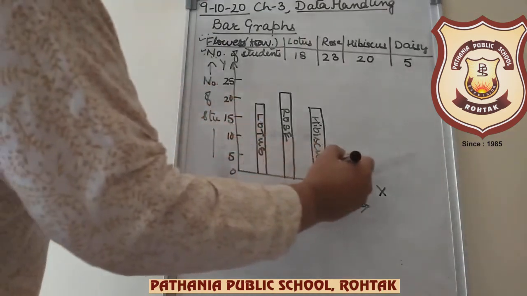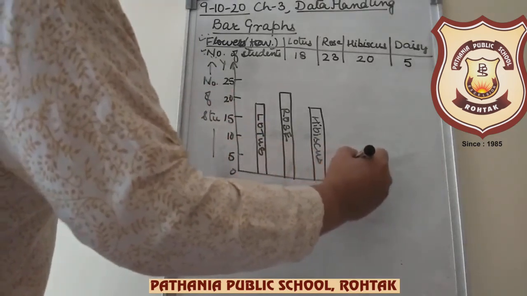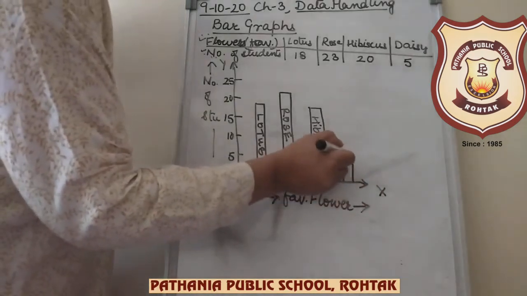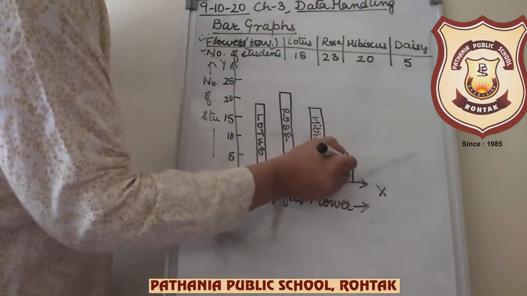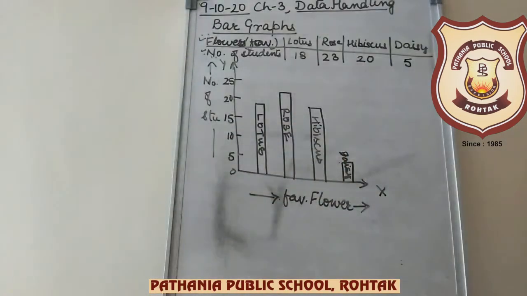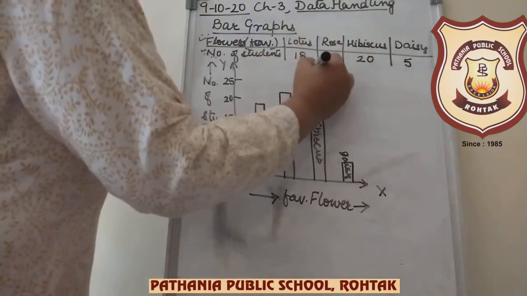And the last one is daisy. Now daisy is not coming in between, so you can start it a little from here. Clear? And the scale you have to mention.